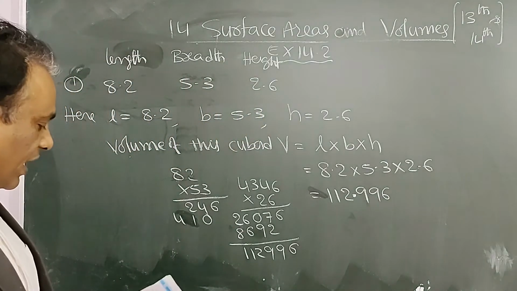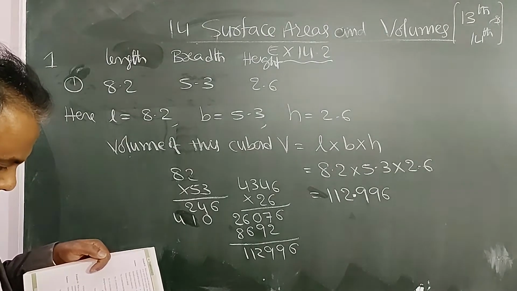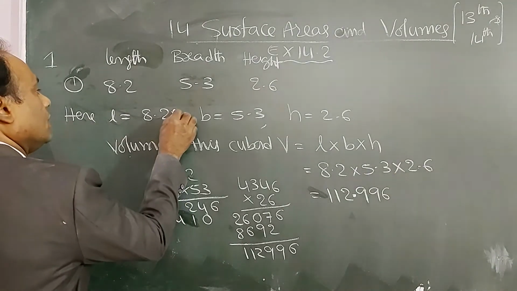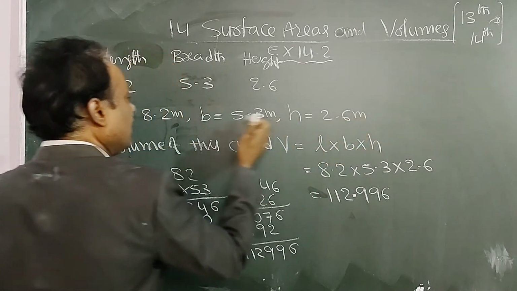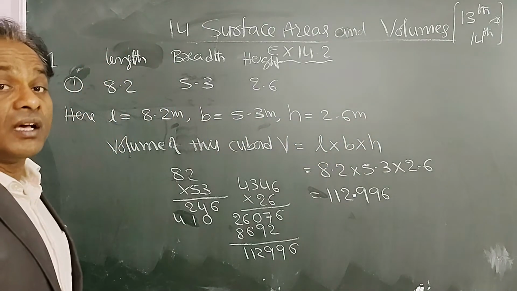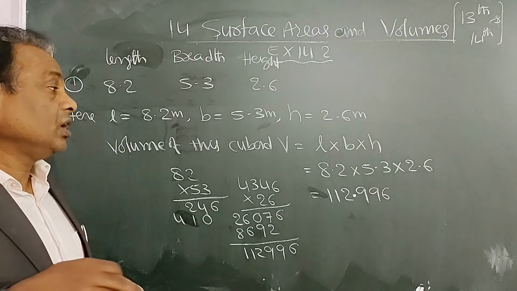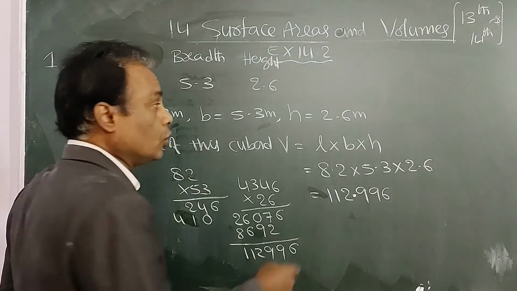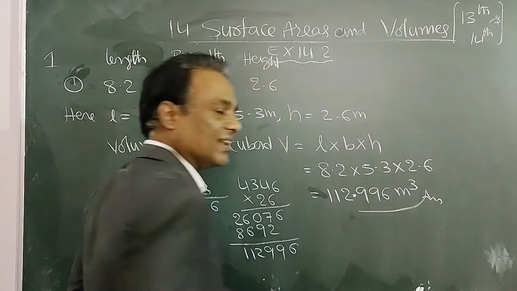So this is the final answer, and the dimensions are in which units? Meters. So if dimensions are in a particular unit, area will be in square units and volume will be in cubic units. Cube means meter cube. This is the answer.